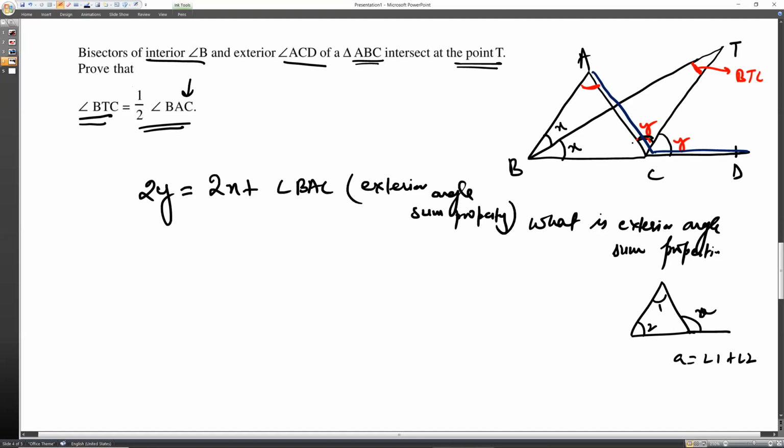Now, what is being given to you? Next, in triangle ABC, we have this. Now if I take triangle BTC, can you tell me that angle Y will be equal to how much?